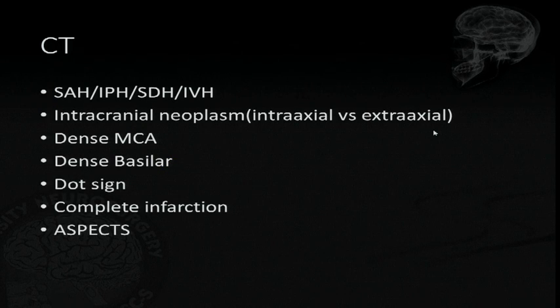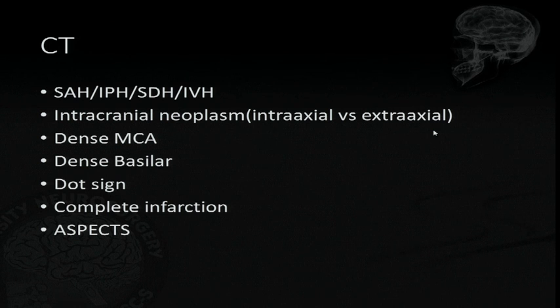So your CT, you're going to be looking for subarachnoid, any kind of hemorrhage, any intracranial neoplasm, and then you have to specify, let's assume you're just doing a CT without, if it's intraaxial or extraaxial, because extraaxial tumors are not a contraindication for tPA, meaning a meningioma is not a contraindication, pituitary adenoma is not a contraindication.